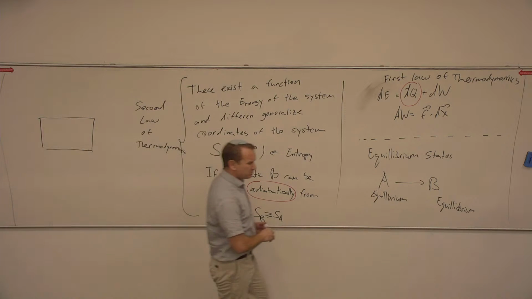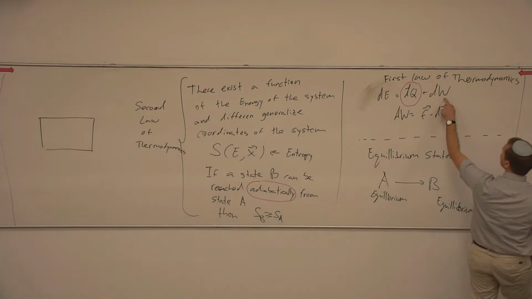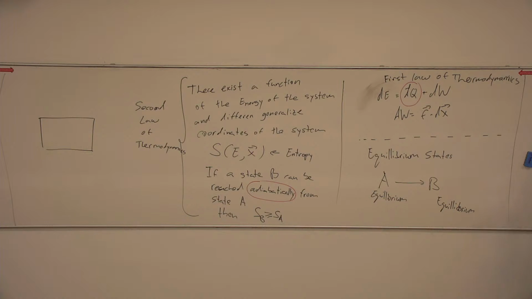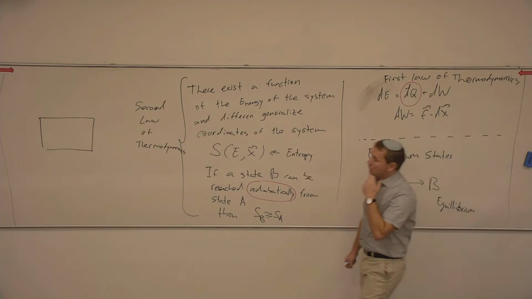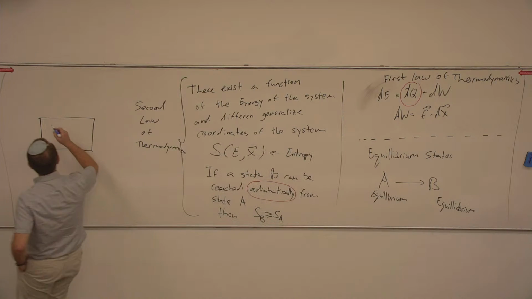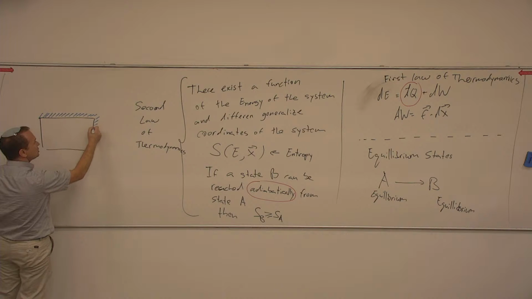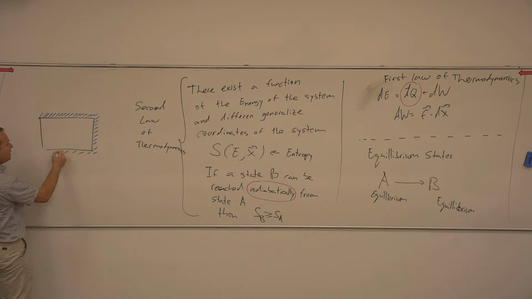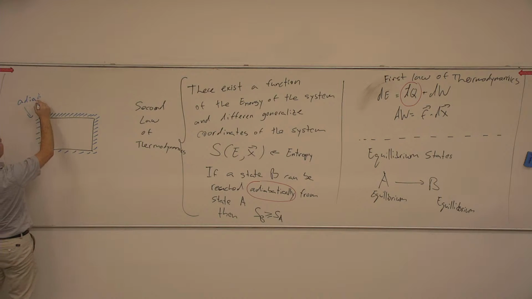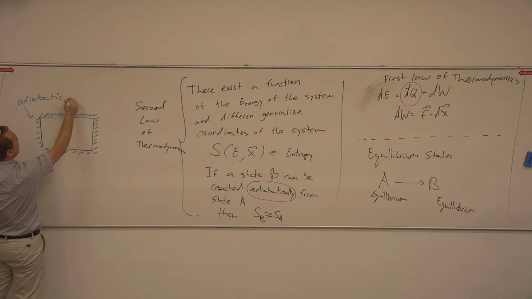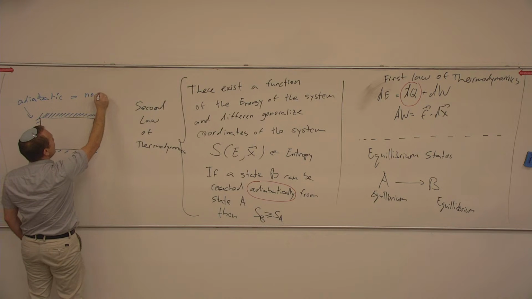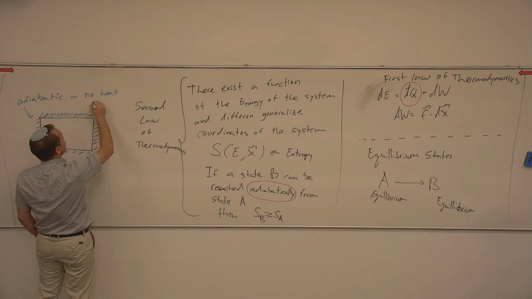In usual work, we can add more pressure, less pressure. For heat, usually we apply adiabatic conditions, meaning the boundary conditions are adiabatic, which means no heat exchange.